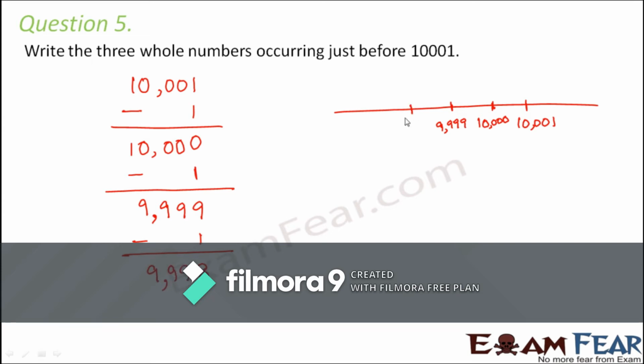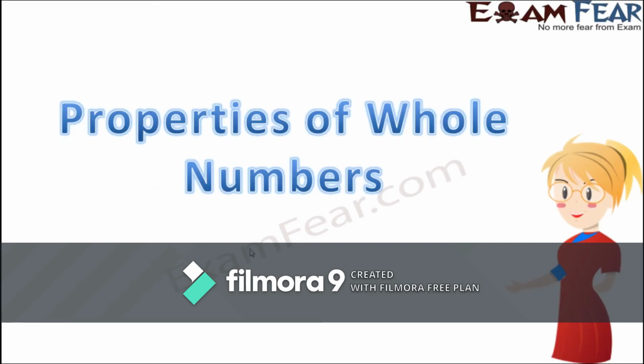So this would be 9,998. So when you look at the number line, these would be the three numbers which lie just before 10,001. That is 9,998, 9,999 and 10,000. So these are the three immediate whole numbers.